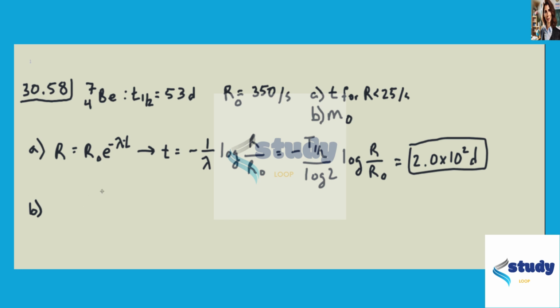Now, the initial activity is going to be equal to the decay rate, or the decay constant, times the initial number of beryllium atoms we had. Now the decay constant is the log of 2 over the half-life.